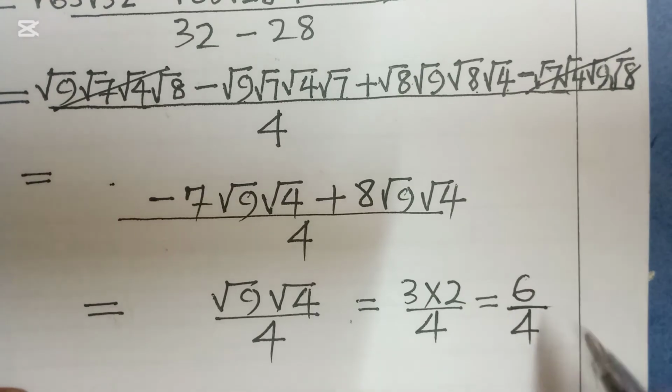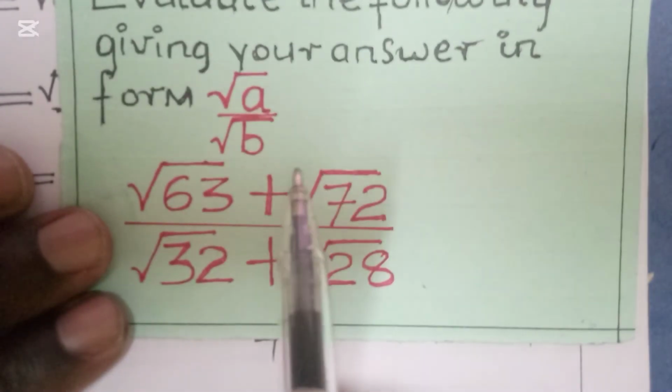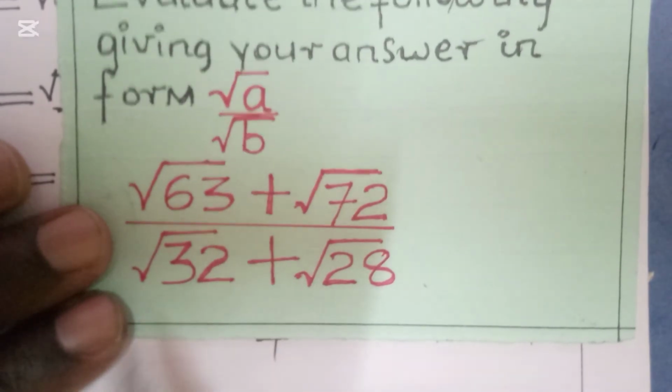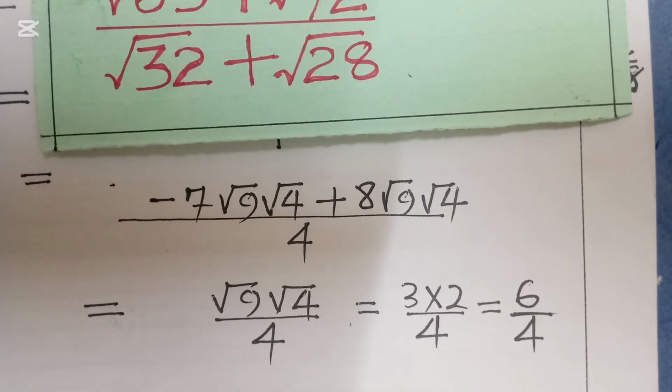But the question says, giving your answer in the form square root of a all over square root of b.